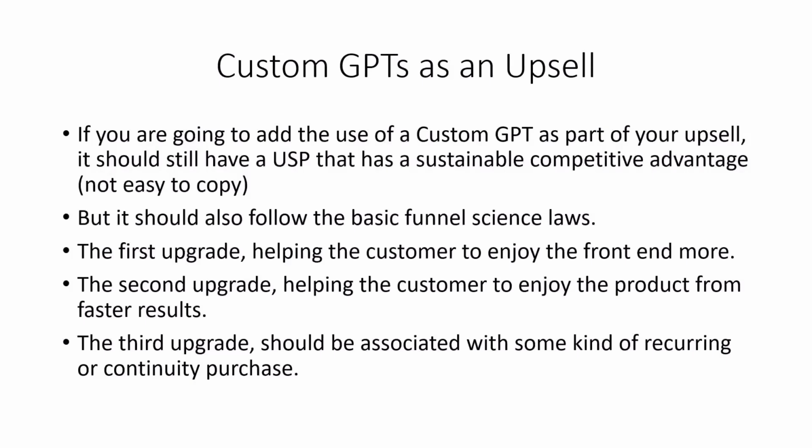So you could put a different GPT at every upgrade as long as it helps you in these elements, right? You add a GPT, make sure that it helps your customer to enjoy that first product. If you add a GPT to the second upgrade, it should help your customer to enjoy the product with faster results. If you add the GPT into a third upgrade, it should be associated with some kind of recurring or continuity purchase.